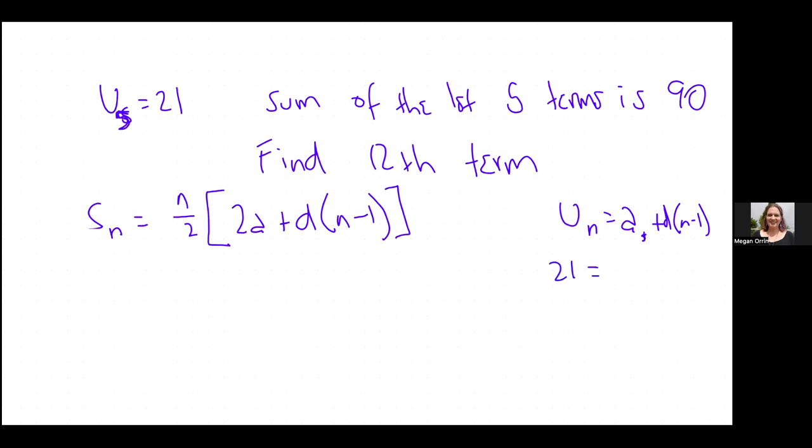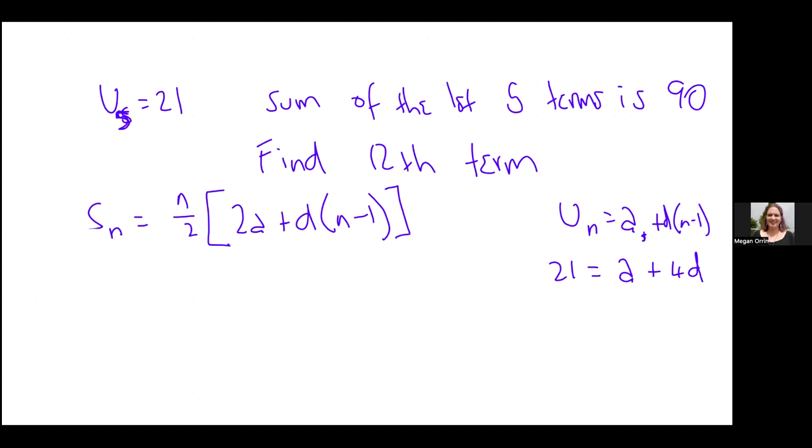This is a plus what? Why is it 4? So n is 5, this is the fifth term, so 5 minus 1 is 4. So this is 4d. Now this is still unsolvable, isn't it? I've still got 2 unknowns.